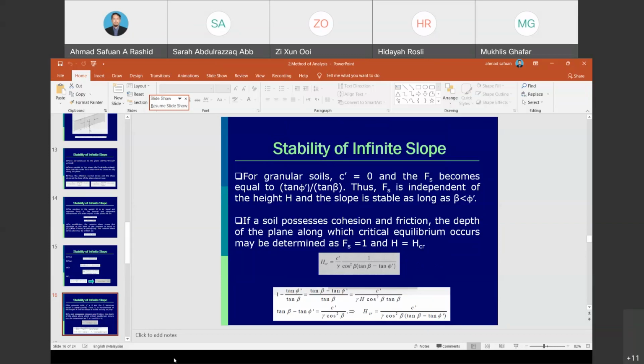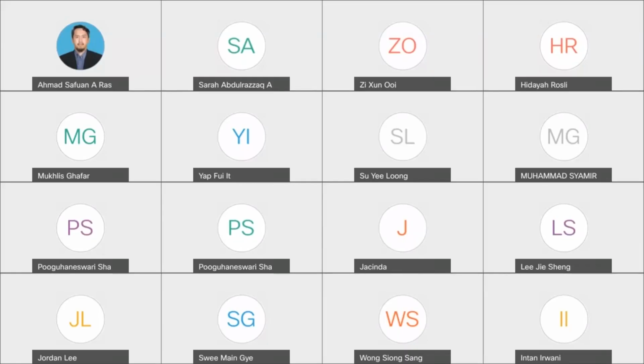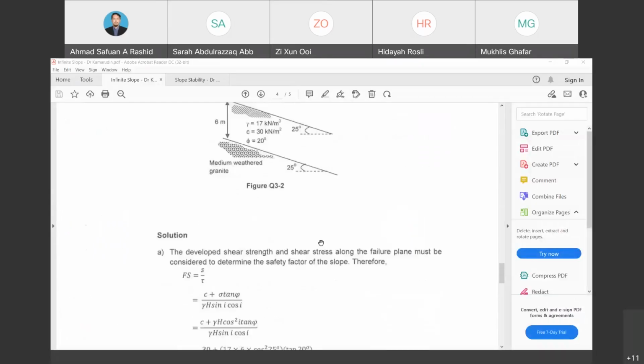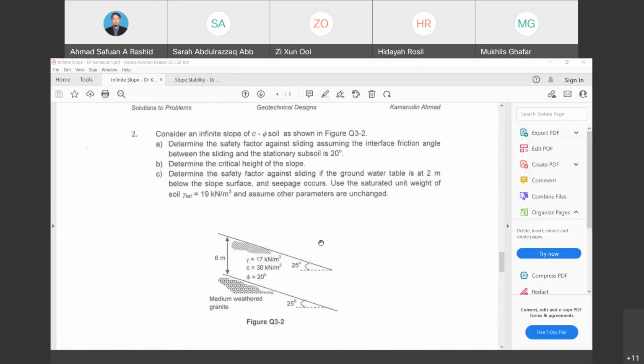So the last question, you can try to use the M approach. Determine the safety factor against sliding if the groundwater table is at 2 meters below the slope surface.